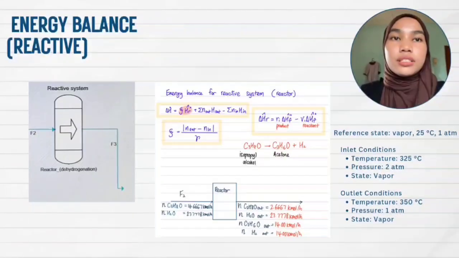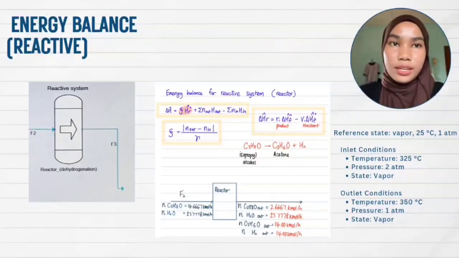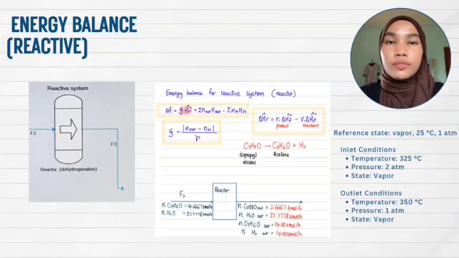For the energy balance of the reactive system, we take the reference state as vapor at 25 degrees Celsius and 1 atm. The inlet conditions of the system are a temperature of 325 degrees Celsius, a pressure of 2 atm, and a vapor state. Meanwhile, the outlet conditions are a temperature of 350 degrees Celsius, a pressure of 1 atm, and also a vapor state.